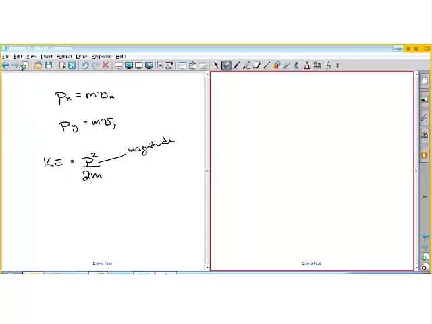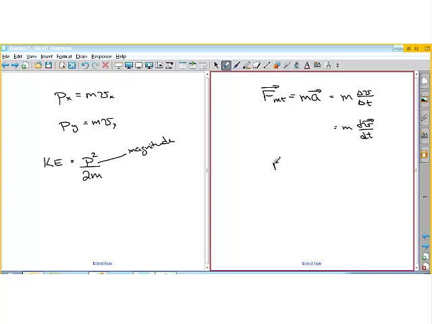Okay. Now interestingly, Newton's second law said that the net vector force was equal to the mass of an object times the acceleration vector. But the acceleration, if you're looking at an average value, is delta v over delta t. If you wanted to do it on an instantaneous basis, it would be dv vector dt.